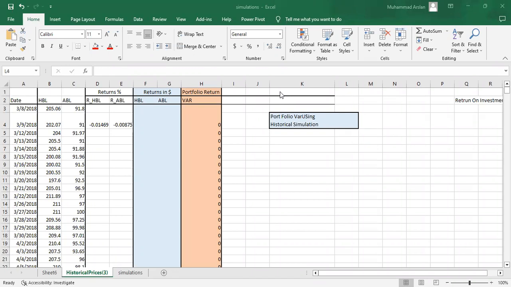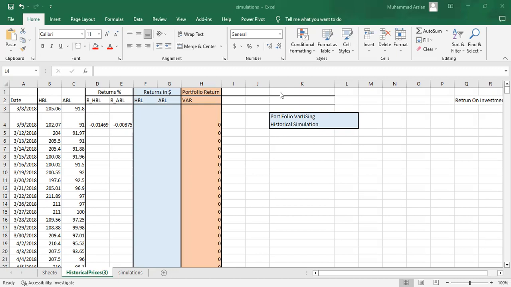Usually we solve the value at risk by using three different methods. Starting from the historical simulation approach, using the historical values of assets A, B, and C, whatever the case is, and then we use the variance covariance method to compute the value at risk, and another one is the Monte Carlo simulation approach.